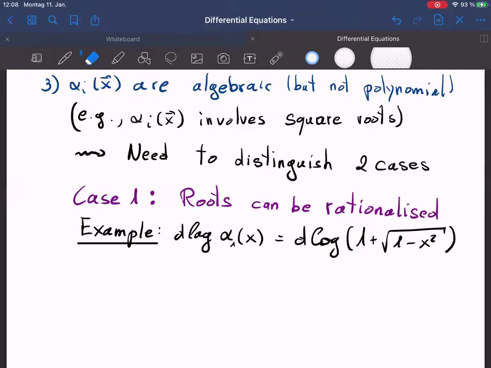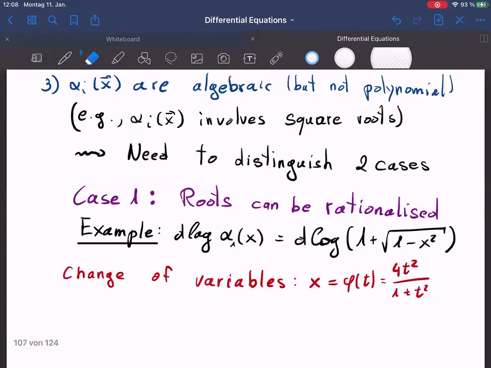Let's imagine I have a letter alpha_1, which is 1 plus square root of 1 minus x squared. It's clearly not a polynomial. Now, what can I do? Well, I can change variables from x to t, for example.